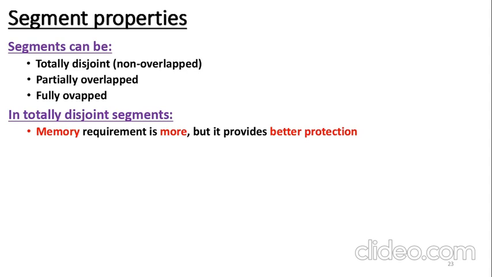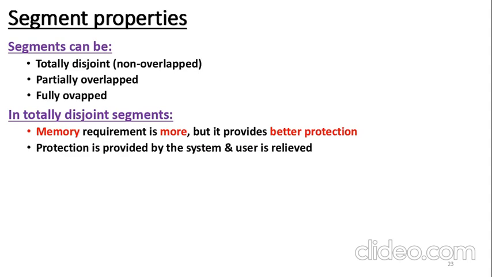It is a natural protection, and as there is no overlapping region between the successive segment, it provides a better protection. But memory requirement is obviously 256 kilobyte minimum. So second point stated here, protection is provided by system and user is relieved from that particular task to provide the protection.